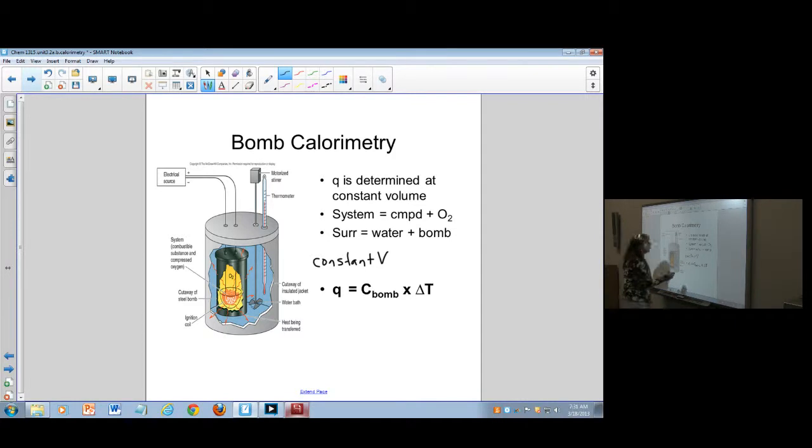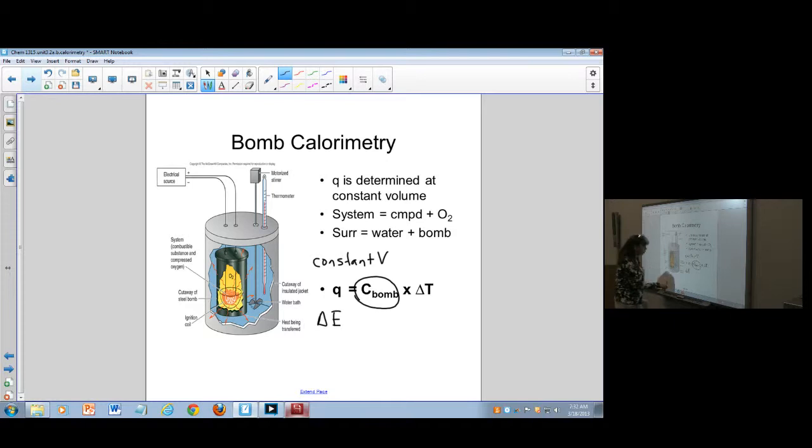This allows us to find, in cases where we can't really get just the heat, the delta E, or the change in energy. Now, in that case, the specific heat of the bomb has to be tested and known. So you have to have some amount for the heat of the bomb.